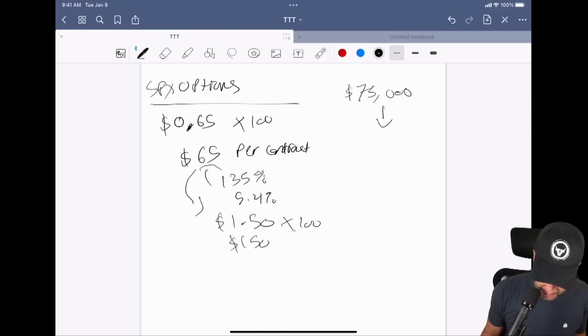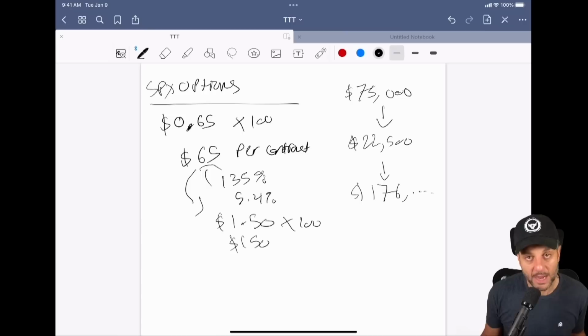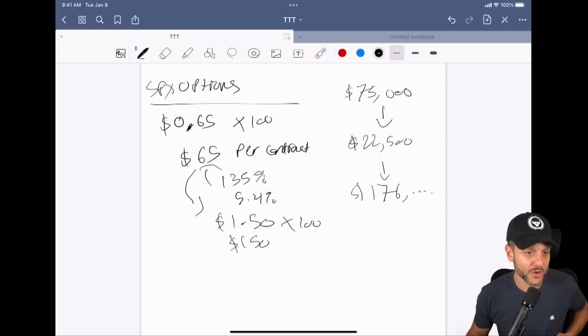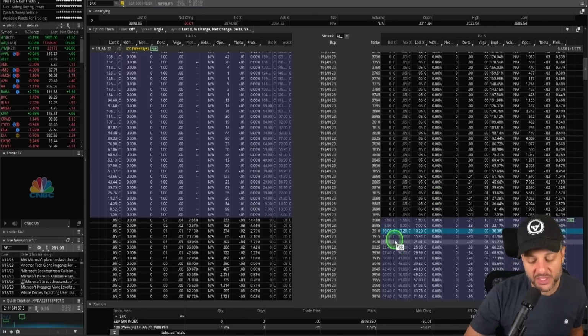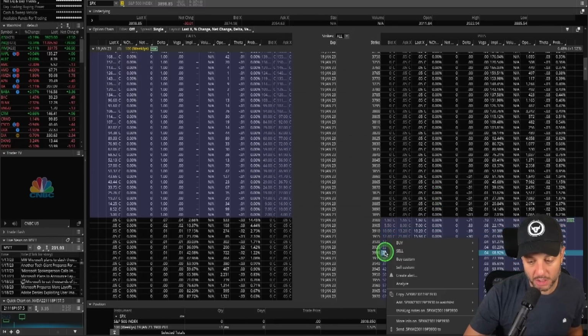This would have lost 70% of value, so down to like 22,500. But by the end of the day, would have netted you 176,000 and change. Now, obviously, you're not going to be putting up the same amount of money for the SPX options as you are for the ES futures, although I don't know, the way I've seen some people trade online, they would. Now let's see what would happen if we actually went with ones that were close to the money.